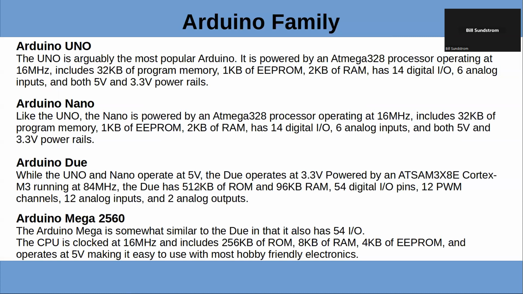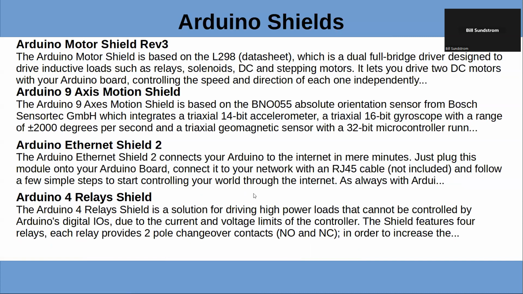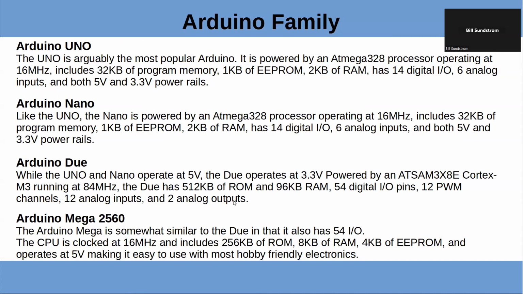But it's a little bit faster, more powerful processor. And then the Mega 2560, you see those in things like 3D printers as a controller, some very small CNC machines, things like that, where it controls hardware and you need a little more processing power than what you'd get with an Uno.